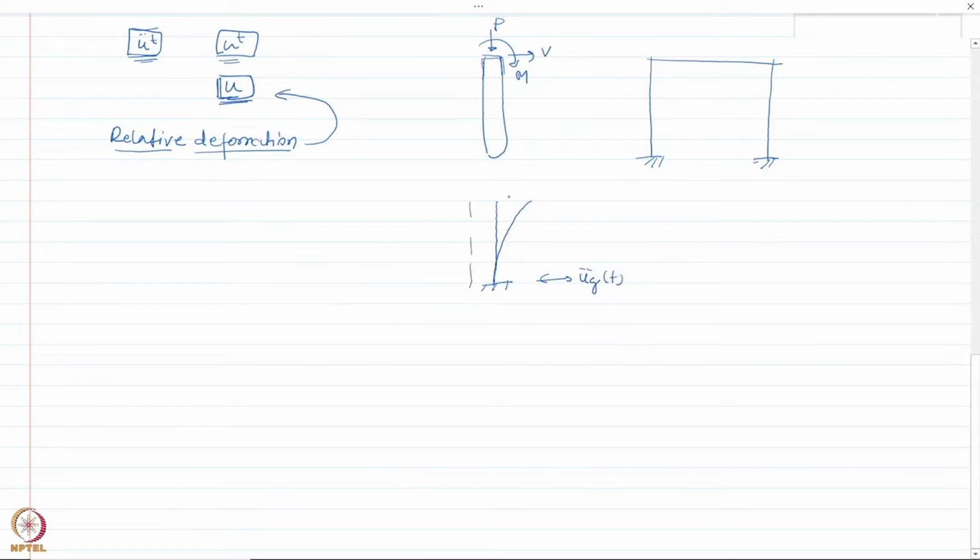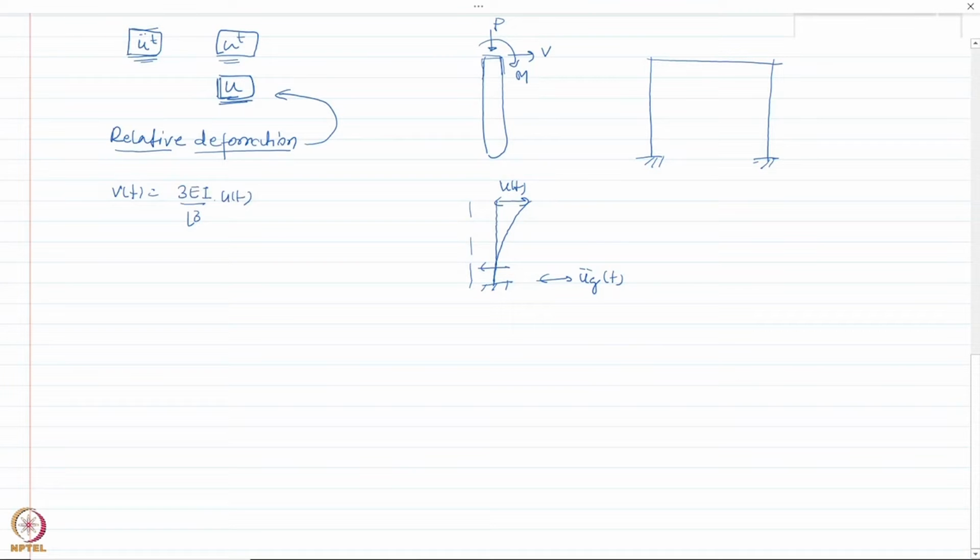It will be some value like this, but let us say the relative deformation is u(t). Now you know that for the deformation u(t), the force, let us say V here, would be nothing but 3EI by L cube times u(t).